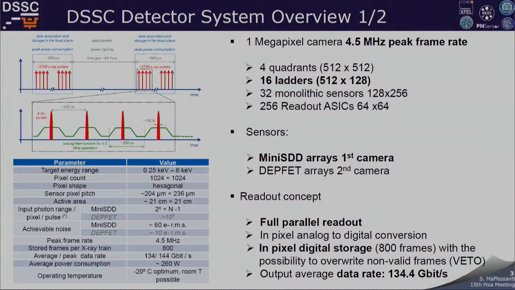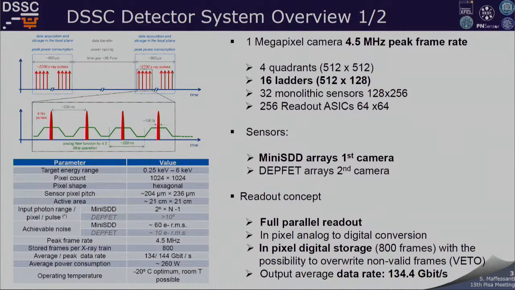The first megapixel camera features miniaturized silicon drift detectors, and the second camera will use DEPFET sensors instead.